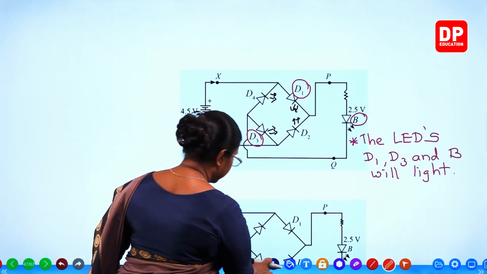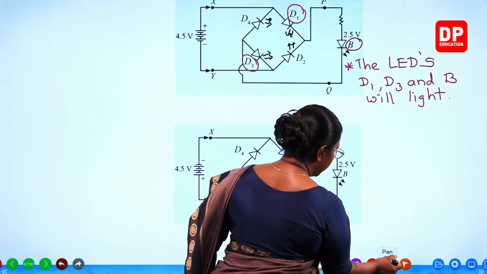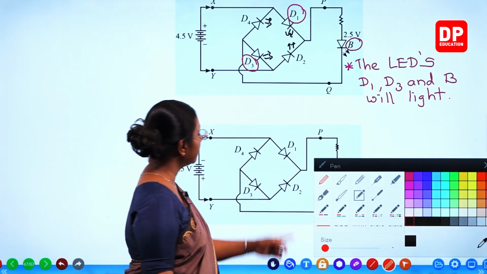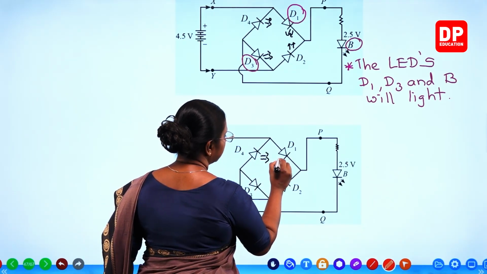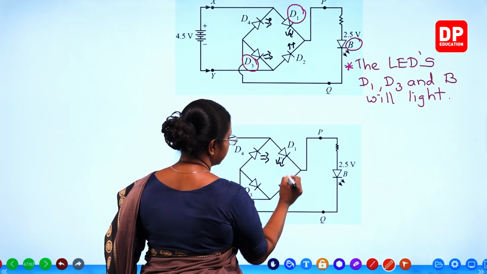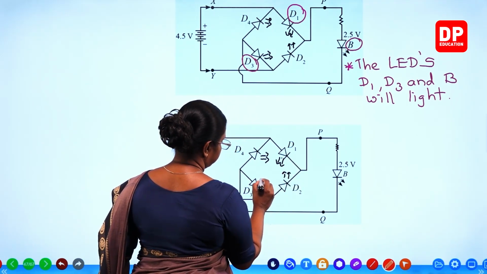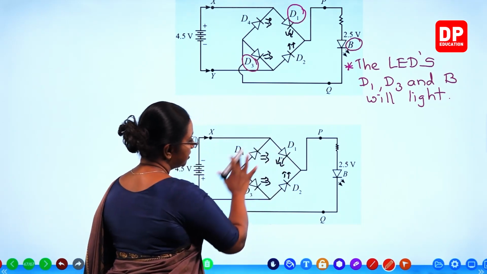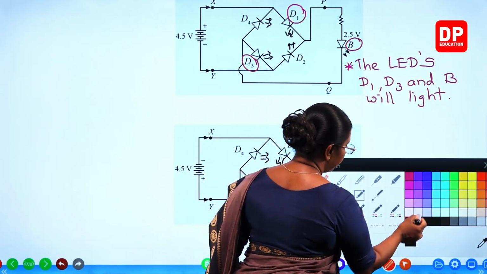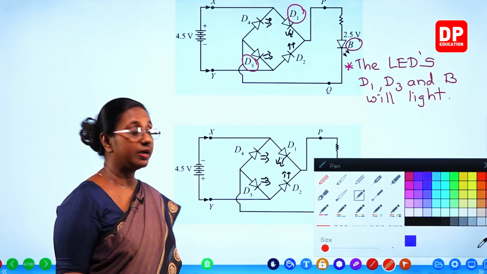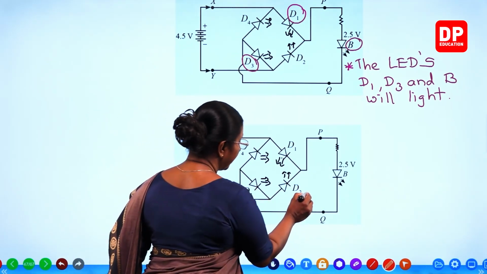But in the second instance, what will happen? Here also, instead of the normal bulbs, if we use LEDs. So here we are using LEDs, instead of the normal diodes. So here, what are the LEDs that are going to be forward biased? This is the positive terminal, so current flows this way.